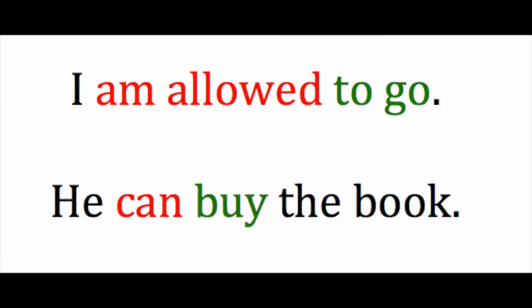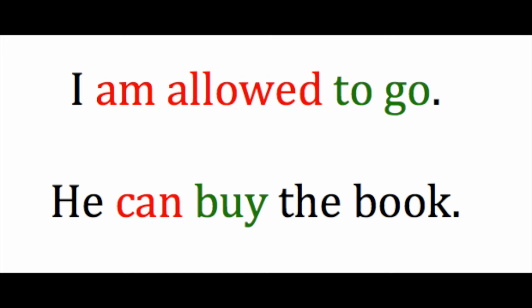So a modal auxiliary is a word that's like a verb, but it can't stand on its own. There always has to be another verb with it. Okay, and I have examples of them in English here. If we look at these two sentences, what's in red is the modal, and what's in green is the other verb that goes with it.